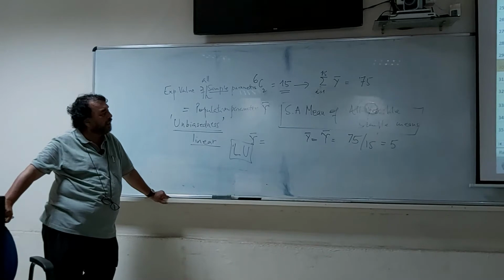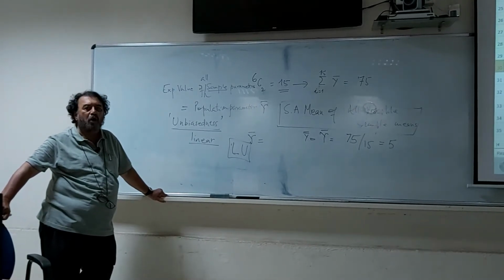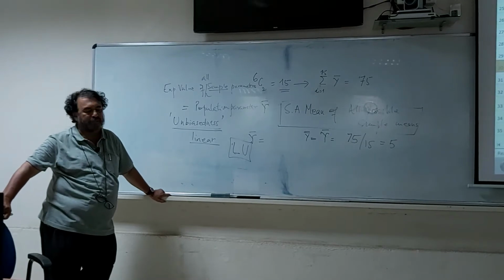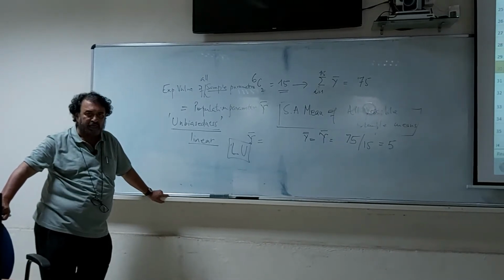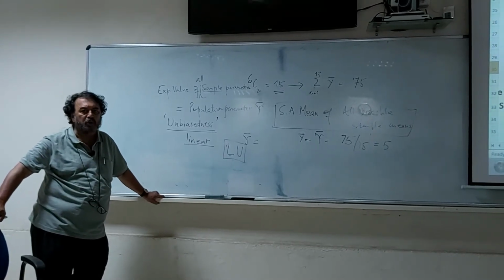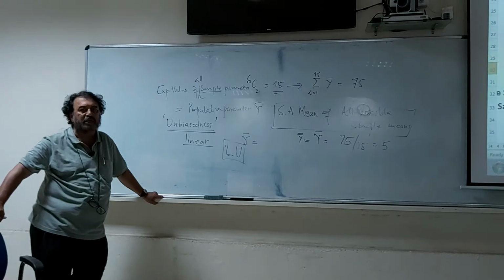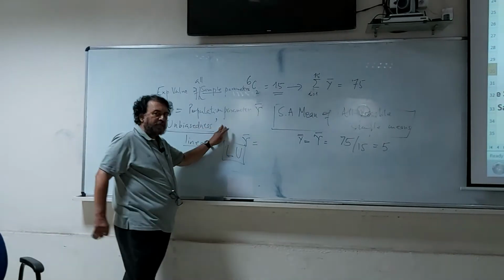So arithmetic mean is a linear, unbiased estimator of the population parameter. It is this notion of a property of an estimator, the formula with which we calculate or estimate the parameter. It is the formula which is supposed to be unbiased.